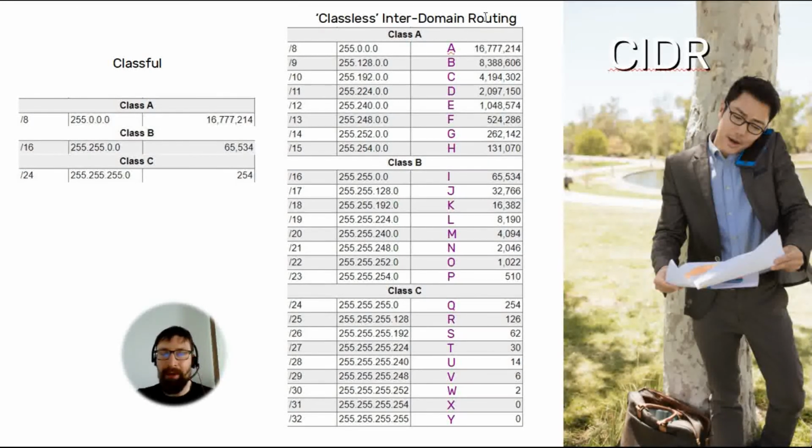And I did this experiment right here to give them class letters to describe them. So you have A, B, C, D, E, and you end up having the whole alphabet here. So there are still classes, just a lot more classes, but technically it's still classful.